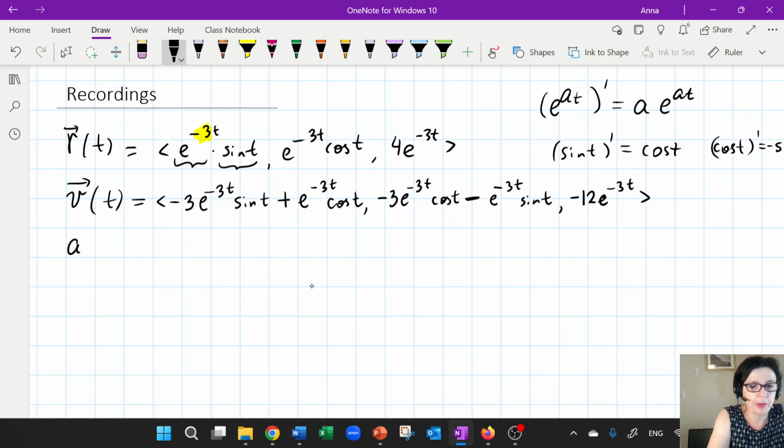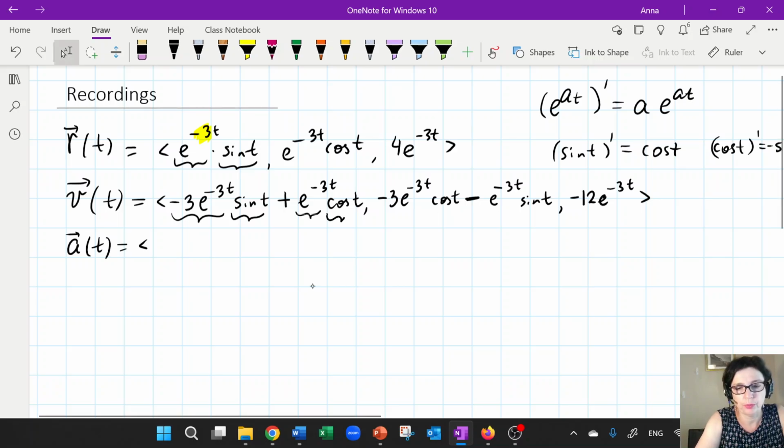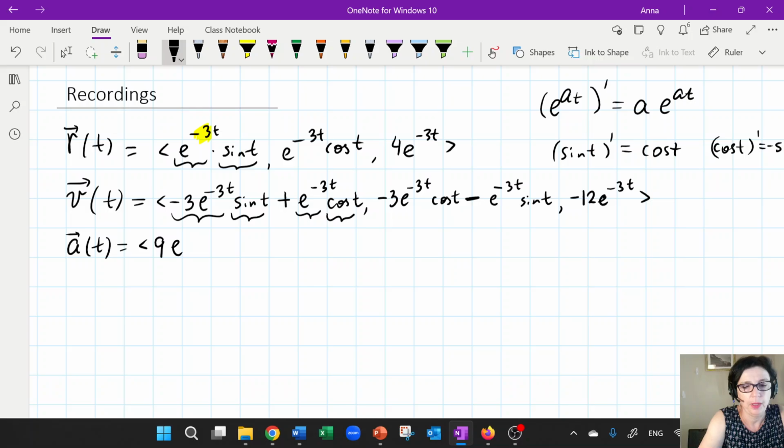Acceleration is going to be definitely more work, but some things will simplify. Let's see. So for acceleration, each of these will need to be done using product rule. So let's take the first term. The negative 3 goes to the front. That becomes 9 e to the negative 3t times sine t, no change. Then minus 3 e to the negative 3t times derivative of sine, which is cosine.